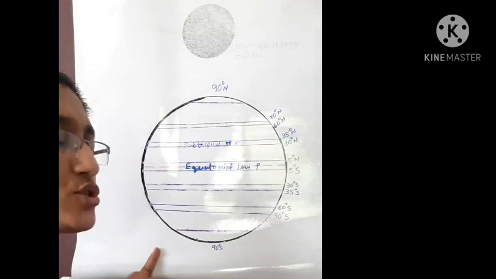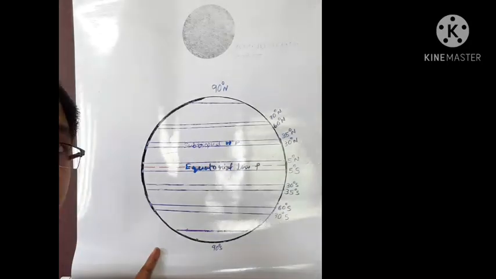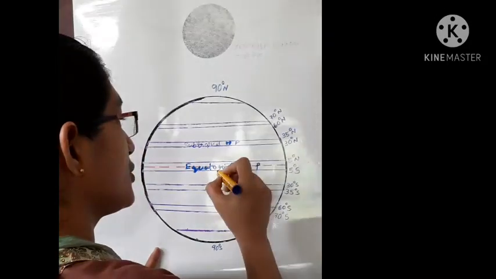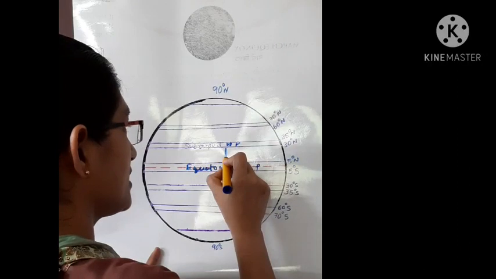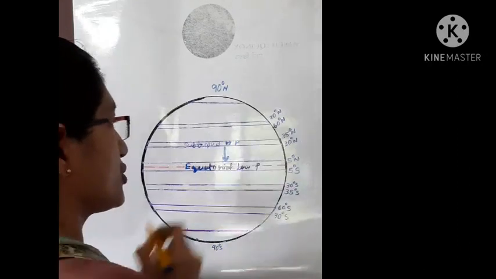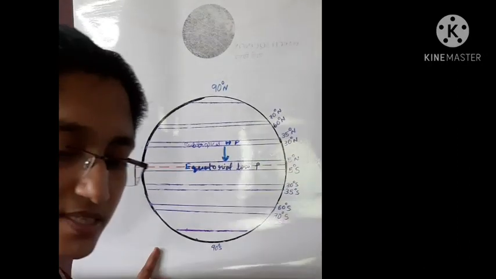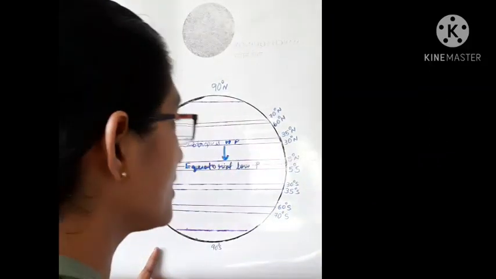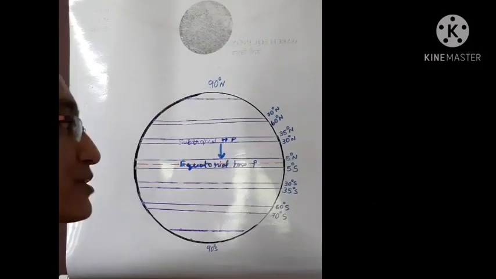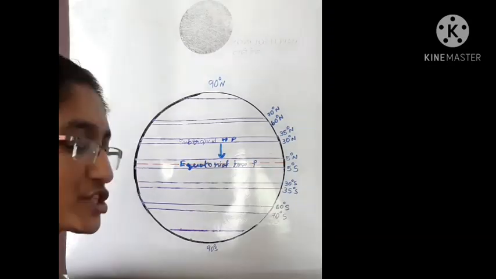This low pressure situation attracts the wind from the high pressure belt. So wind will move from the subtropical high pressure belt to the equatorial low pressure belt.